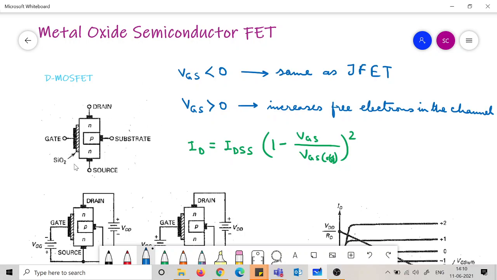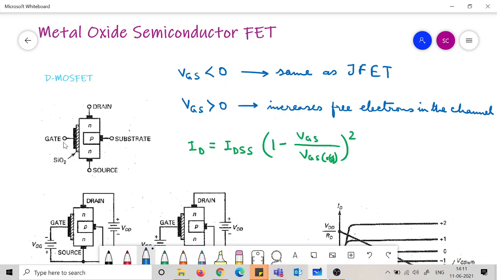So the distinctive characteristic of a MOSFET is this silicon dioxide layer, metal oxide. Some metal oxide layer is here. Metal is a good conductor, but metal oxides are not good conductors, they are insulators. So the metal oxide acts as an insulator, and that gives rise to all the properties like very high input impedance, zero input current.